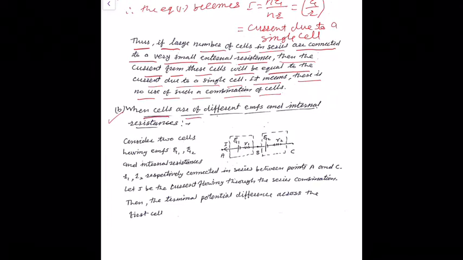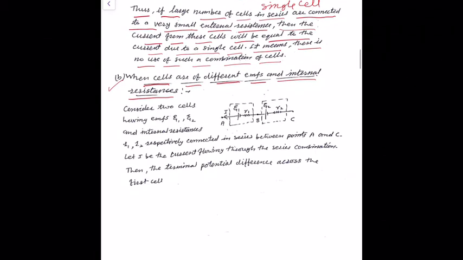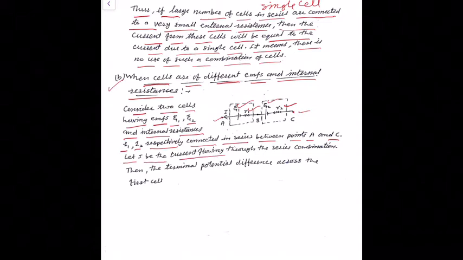Next, B: when cells are of different EMF and internal resistances. Consider two cells having EMF E1, E2 and internal resistances r1, r2 respectively, connected in series between points A and C. Let I be the current flowing through the series combination.